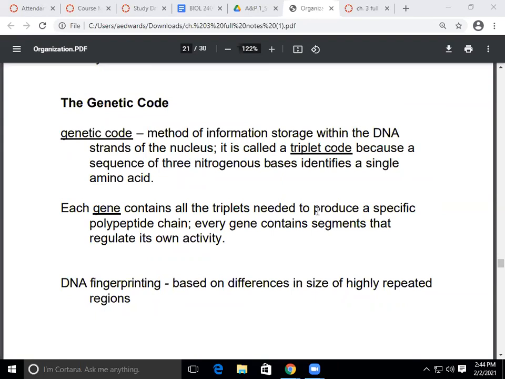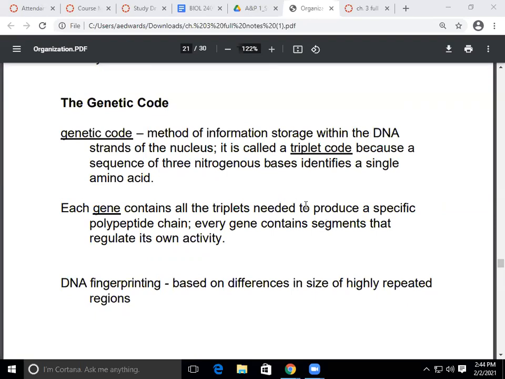Because each amino acid is identified by a sequence of 3 nitrogenous bases in your DNA. Okay, so every 3 nitrogenous bases signals for a specific amino acid. And each gene has all the triplets it needs to form a specific protein or polypeptide chain.